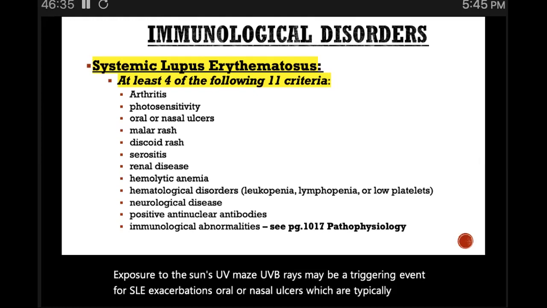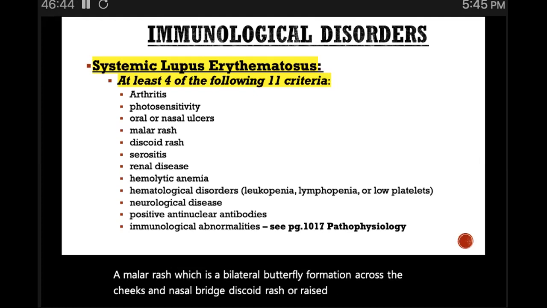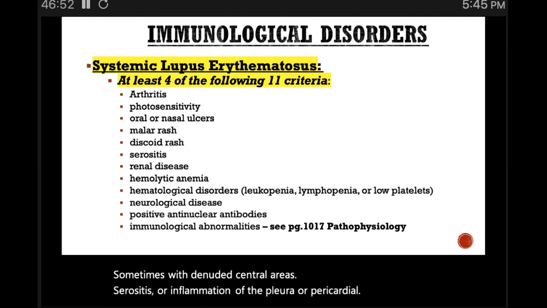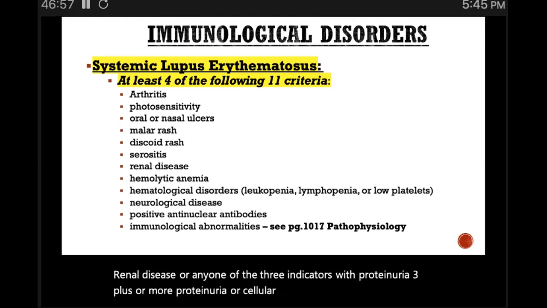a malar rash, which is a bilateral butterfly formation across the cheeks and nasal bridge; a discoid rash, or raised red patches, sometimes with denuded central areas; serositis, or inflammation of the pleura or pericardia; renal disease, or any one of the 3 indicators: proteinuria, 3+ or more proteinuria, or cellular casts.